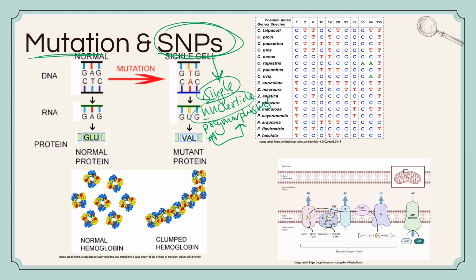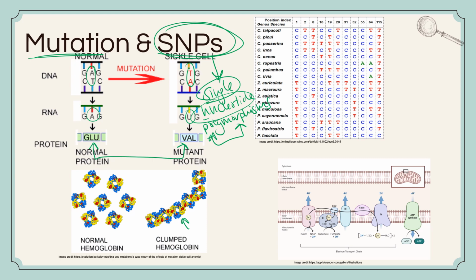We talked about this in a previous unit, where a mutation in the DNA means a new codon in the messenger RNA results in a different amino acid in our protein sequence, and that changes the shape of that protein. And so our hemoglobin in this instance gets kind of clumpy, which makes the red blood cells sickled.